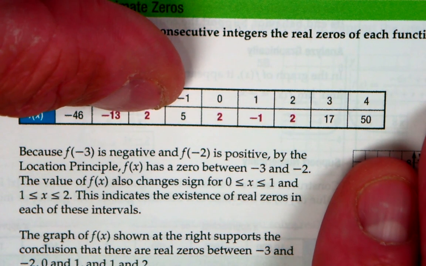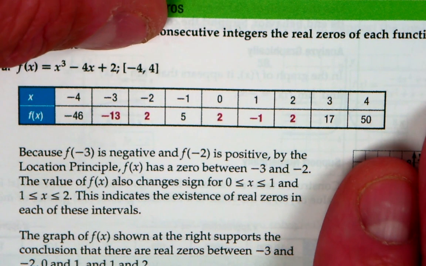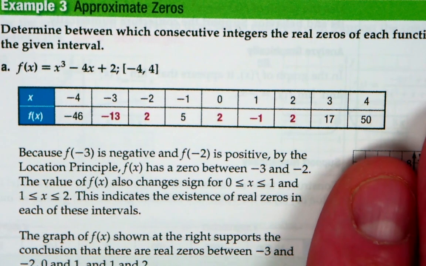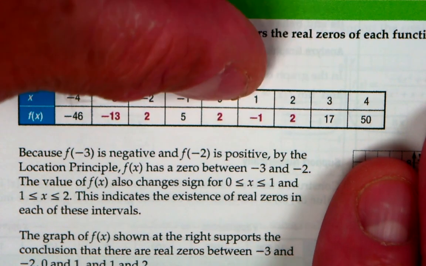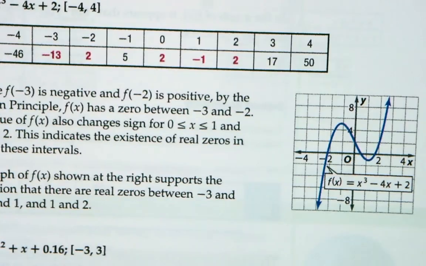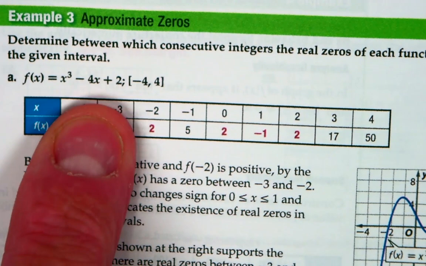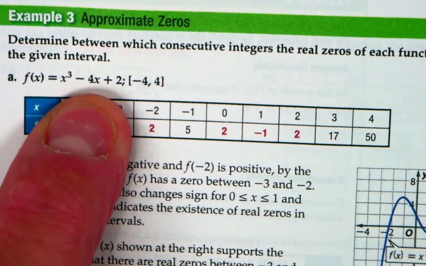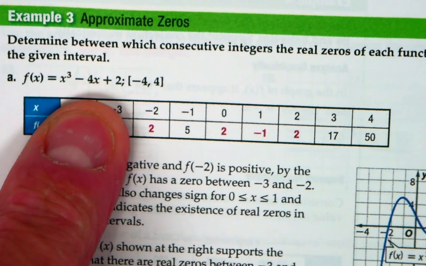Somewhere we had to hit the x-axis. So there's a 0 between -3 and -2. Okay, where else? 0 and 1. Where else? Between 1 and 2. There's my graph. Lo and behold, yes, that's where my zeros are. Could you guys, with your calculator, put that in and make a table? Yeah. Use your technology. Make your life easy.